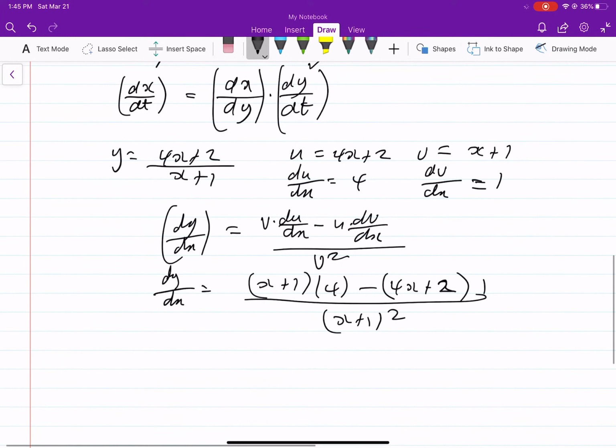Let's tidy this up a little bit more. dy/dx is equal to, opening out your brackets there, 4x plus 4, and that's minus 4x minus 2.